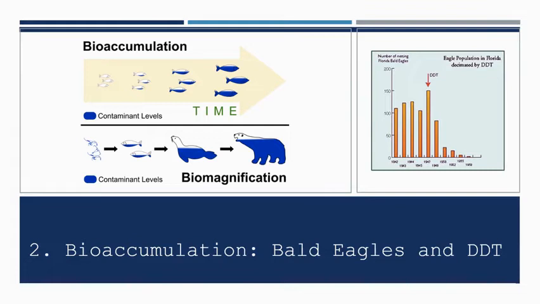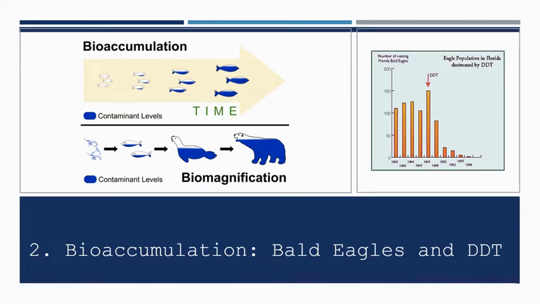Biomagnification is where it works its way up the food chain, where some small shrimp that have contaminants are eaten by larger fish, which are eaten by seals, which are eaten by polar bears, and because the polar bears have to consume so much food, they get a lot of the contamination.